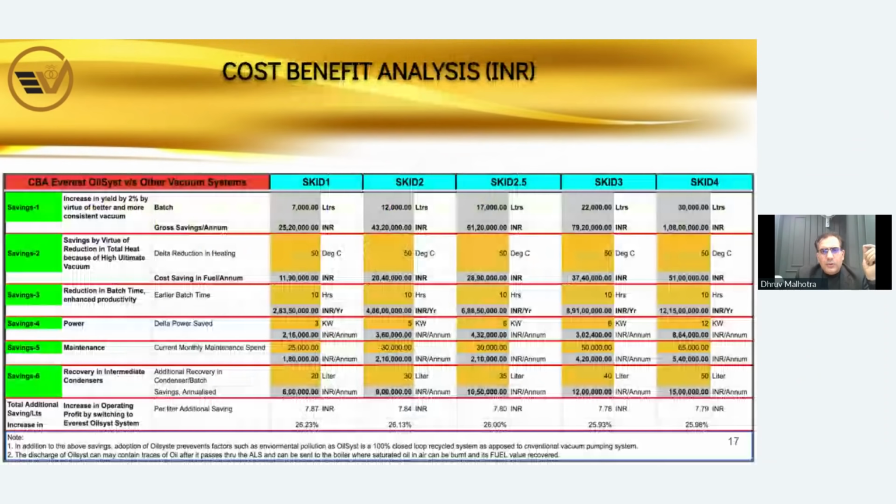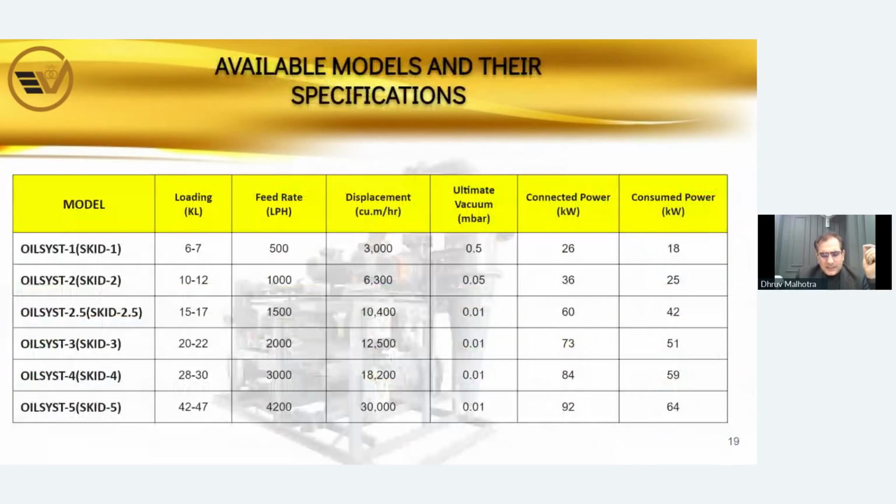Now, coming to the next slide, which is the available models and their specifications. So these are the 5 different models that are available.